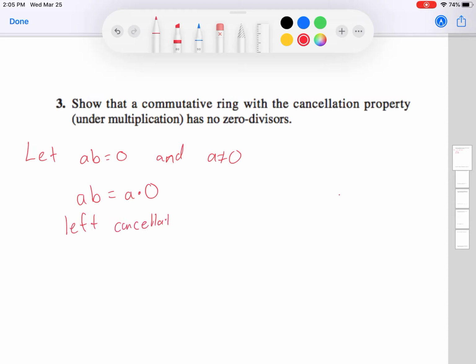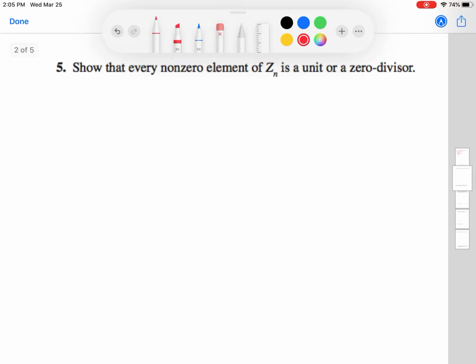Well, we could use left cancellation here. So left cancellation of a, and we get b equals 0. Well, what this tells us is that we do not have a zero divisor because b had to end up being 0 then. So we've shown there's no zero divisors because we have this cancellation property. So first one done.